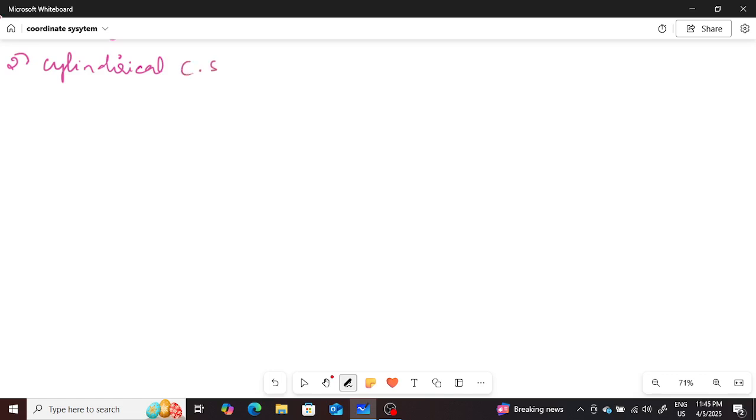I'll directly define the coordinate points, that is r, phi, z. r, phi, z are the three variables here, as x, y, z were the coordinate points in the Cartesian system. Only thing you have to understand is what exactly the r here and phi and then z are.